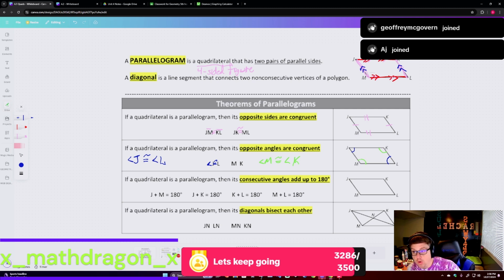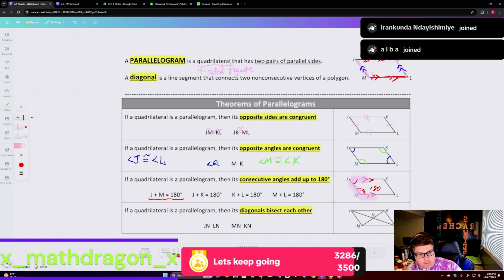Then we do know, because of parallel lines, like once again we have a history lesson coming on, I know these are parallel lines cut by a transversal. I've got a U shape. And what do I know about the U shape? It's 180 degrees. So angle J plus angle M equals 180 degrees.